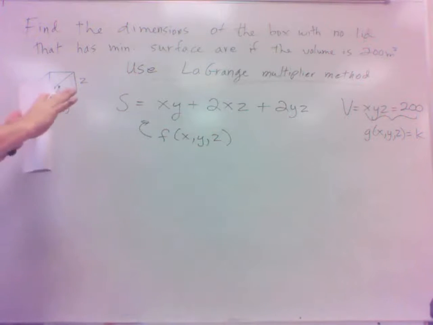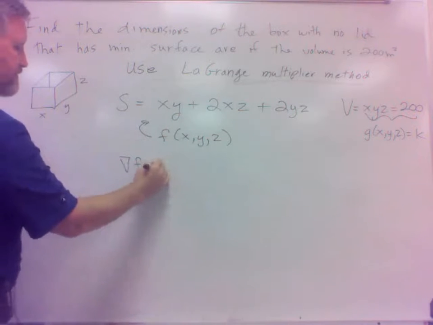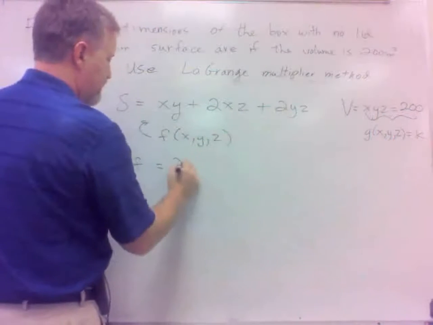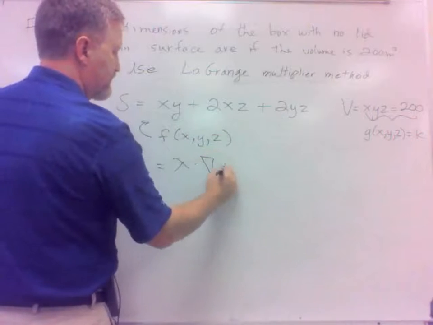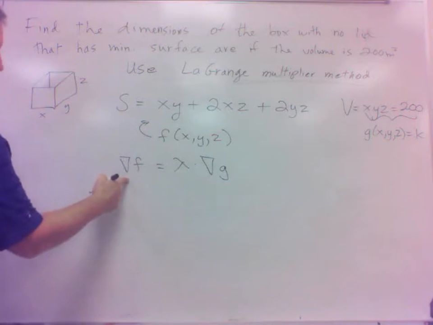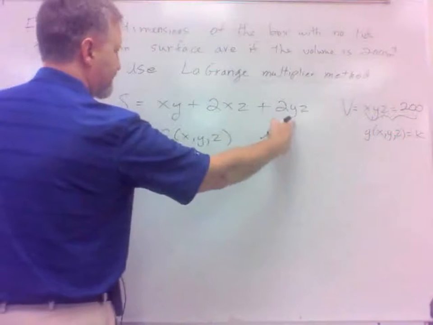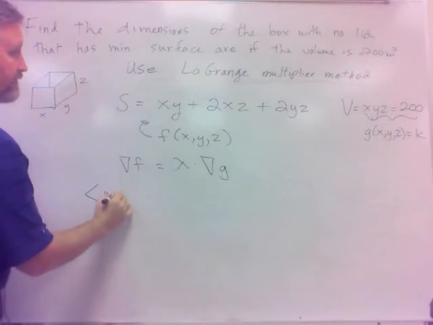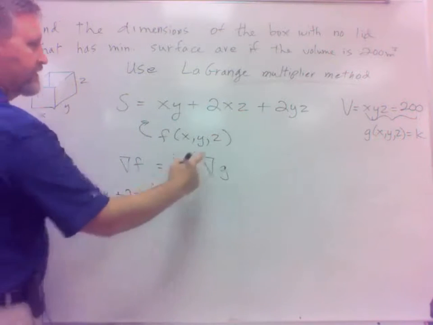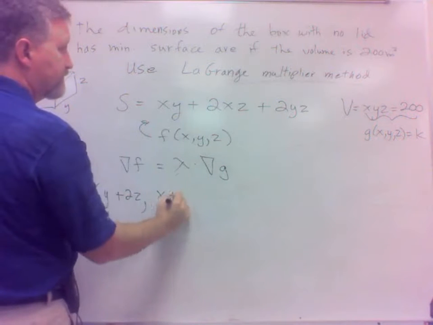Okay? So what do we know? To find the minimum here, we know the minimum is where the gradient of f equals lambda times the gradient of g. So what does that give us? This would be just the partial with respect to x, y plus 2z. The partial with respect to y, x plus 2z.